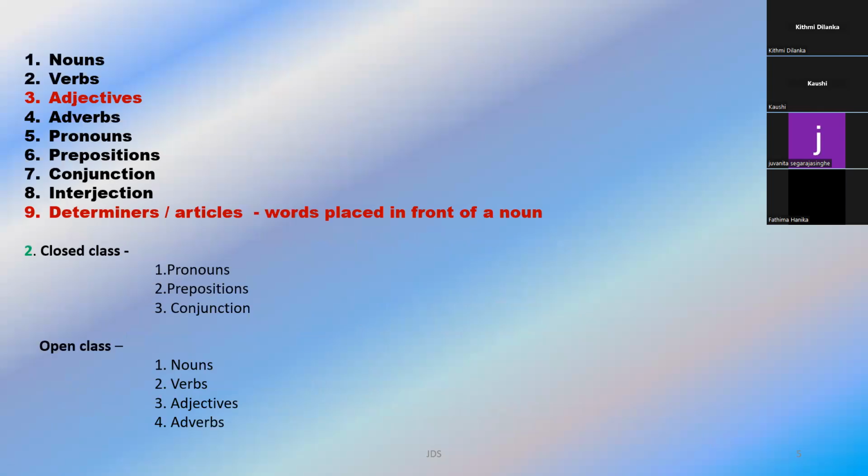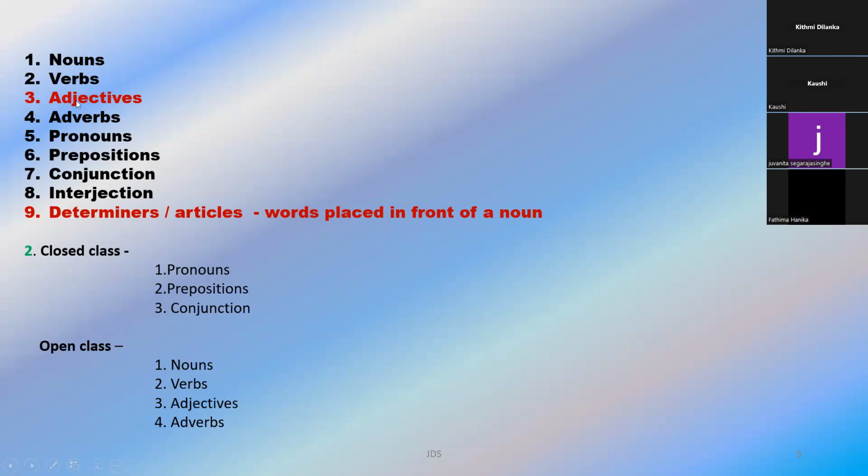Look at this. All what I have explained is given over here. I told you, you have 8 from the traditional point of view. So these are the 8. Adjectives are highlighted because from the traditional point of view, articles or determiners, that means words placed in front of a noun, initially existed under this class.